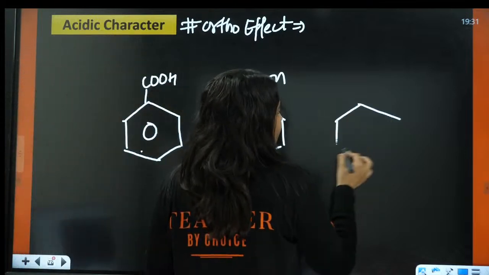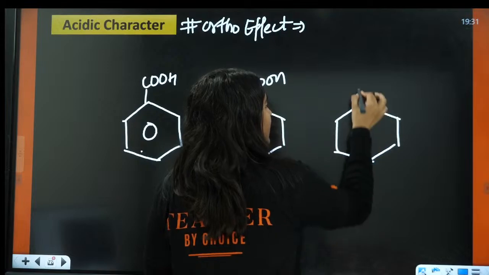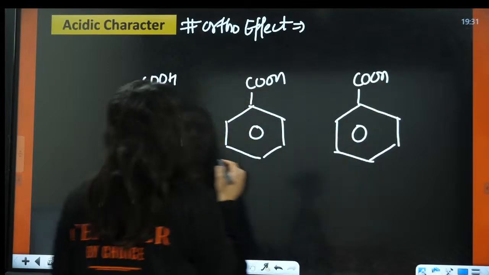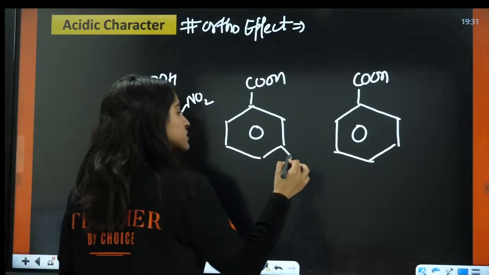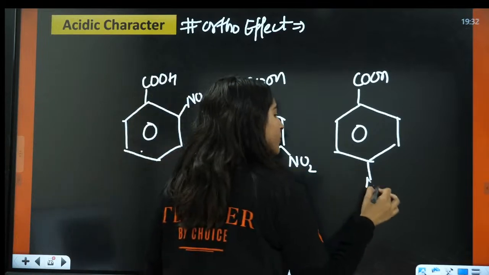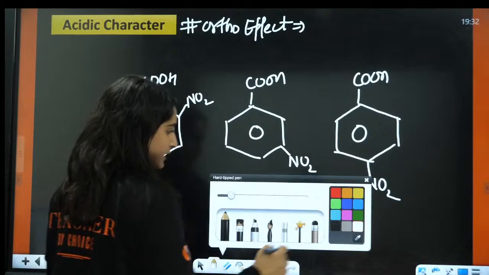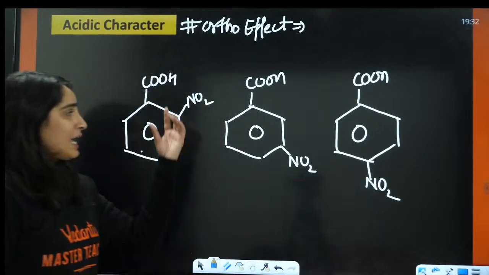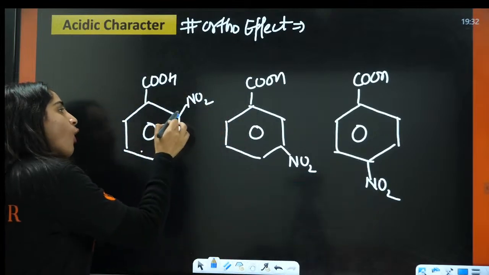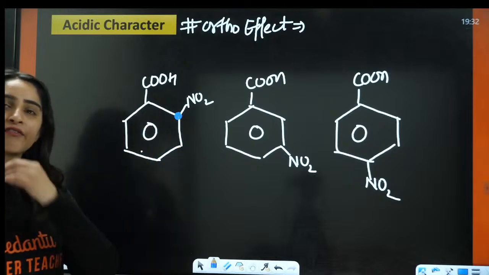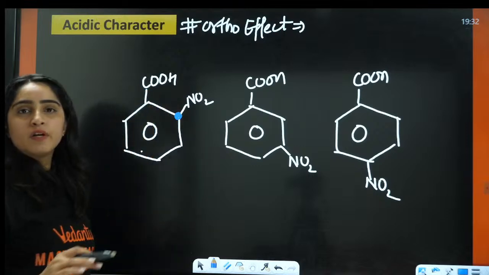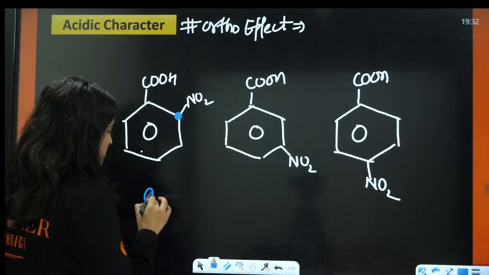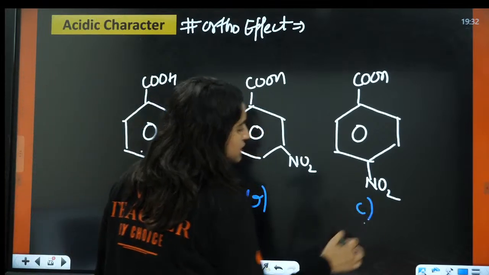Understood, everyone? If you have benzoic acid, no matter whether that group is acid or base, no matter whether it is minus I or plus I, if something is on the ortho position, whatever group, electron withdrawing or electron donating, that benzoic acid will be the most stable among these.